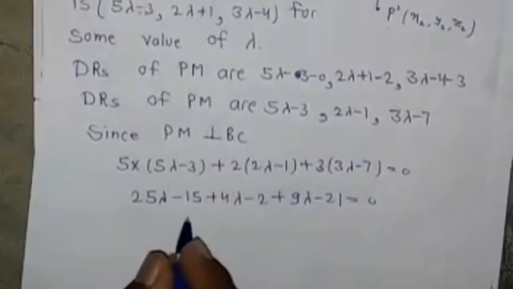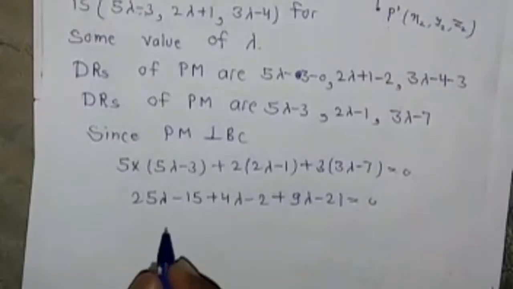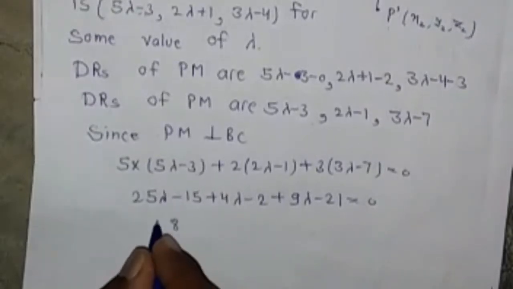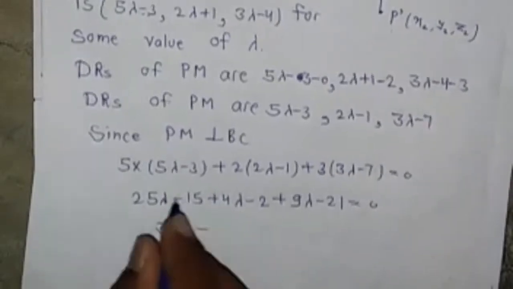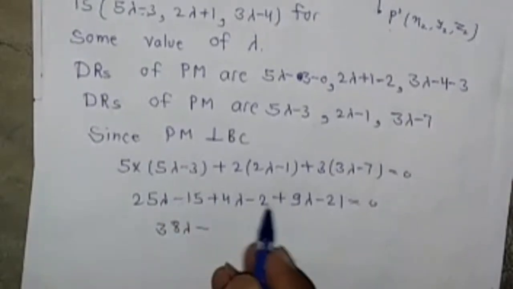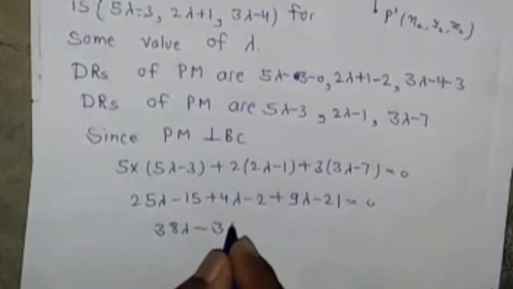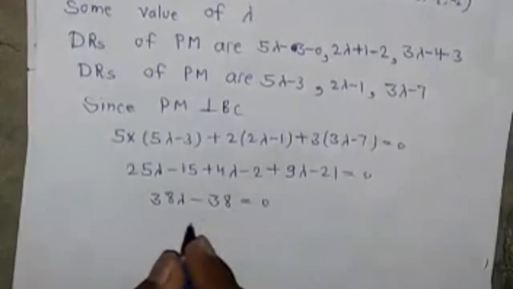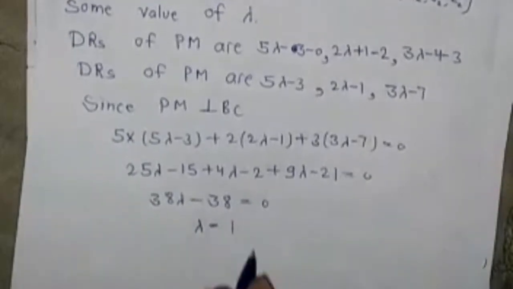Then 38 lambda equals 38, then lambda equals 1.